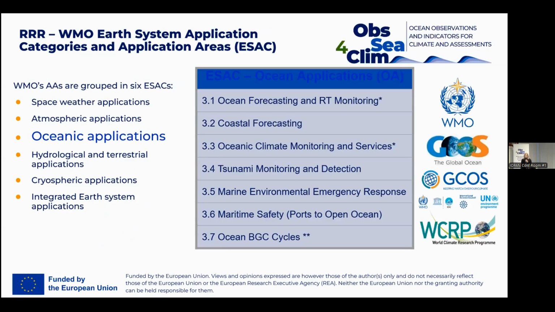Now there are more than just space weather and atmospheric applications, which were the originals. Now we have oceanic applications, and these are the 7 applications that have been chosen by WMO and discussed a little bit within GCOS, and that have been in the building up for 1 year and a half, 2 years.